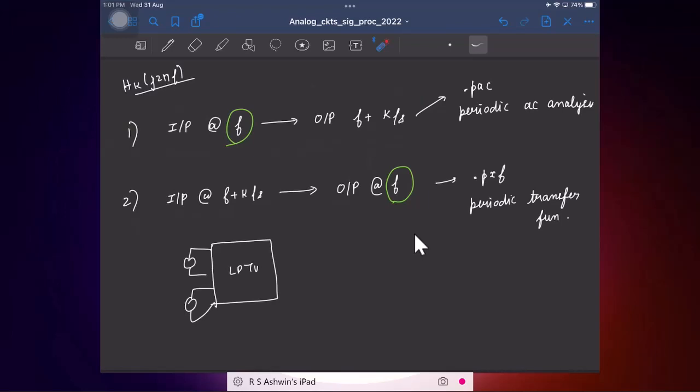So it makes sense that these must be two different analyses, right? And we'll see later how, instead of doing multiple experiments, by doing one simple experiment on some other circuit, we can calculate this in one shot. We'll see it in the later half of the course, and that's what the simulators will also do. Okay. So is this fine?